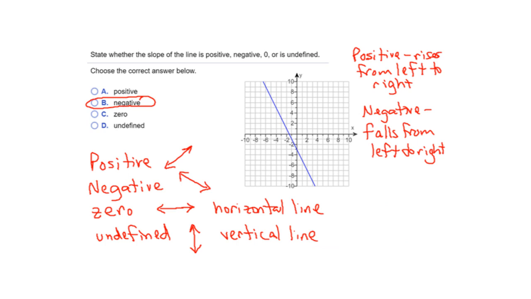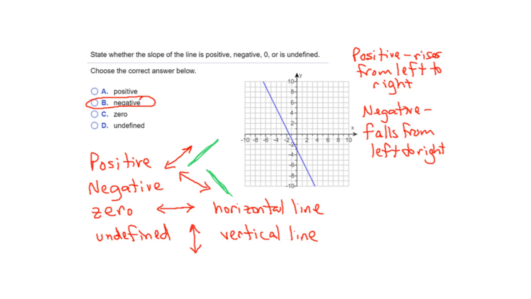All right, so let's talk a little bit about lines. Lines can have positive slope. That means that it's headed upward from left to right. Lines can have negative slope. That means they're headed downward from left to right. If we have a horizontal line, so that's a flat line like a horizontal road, that has a slope of 0 because you're not headed up, you're not headed down, you're just headed straight across.